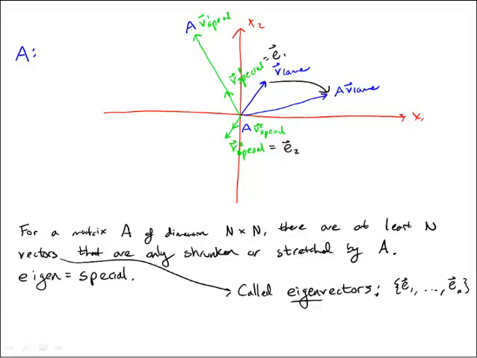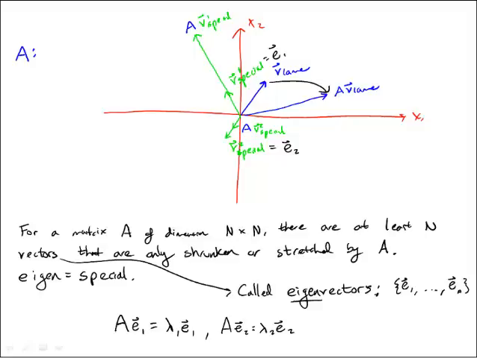So if the matrix A only stretches or shrinks eigenvectors, we can write out A times an eigenvector, let's start with the first eigenvector, is equal to some constant times that vector. So the output is in the same direction as the input. And we have A times E2 is equal to maybe a different constant times that eigenvector.